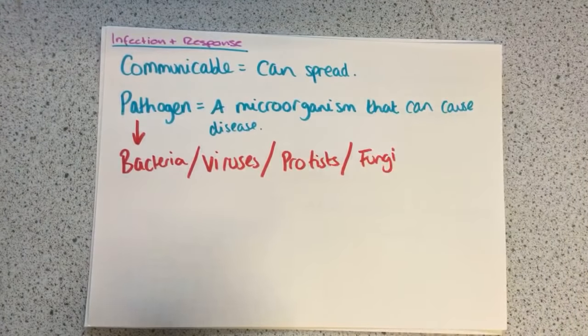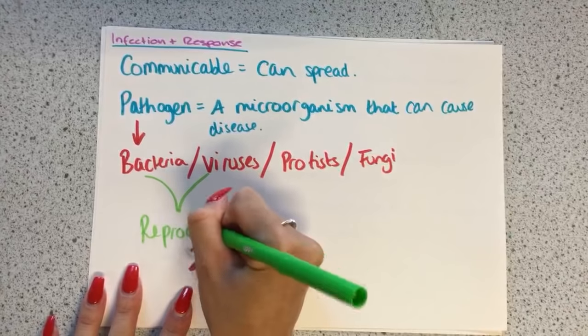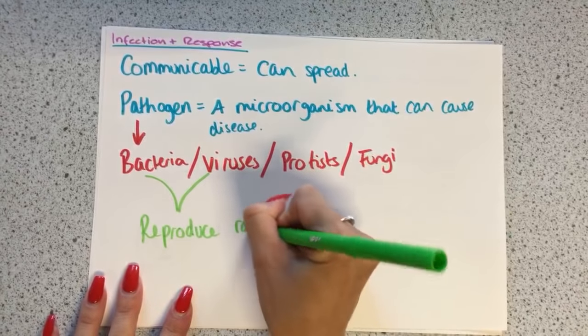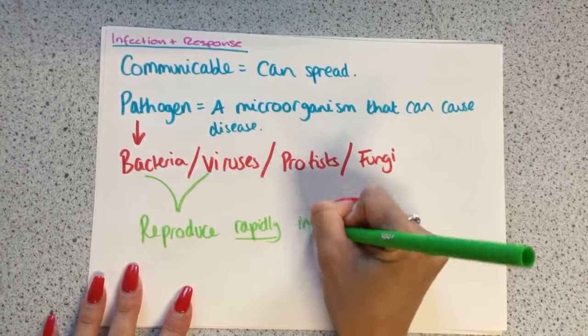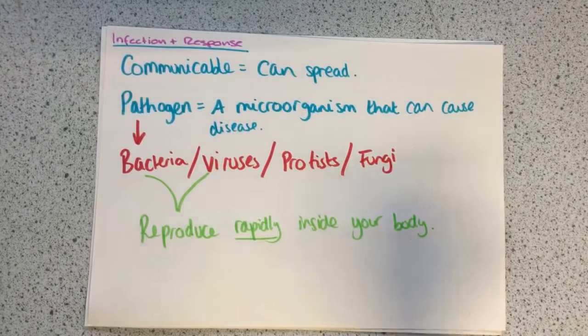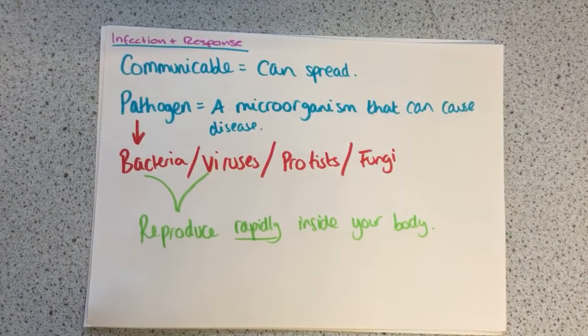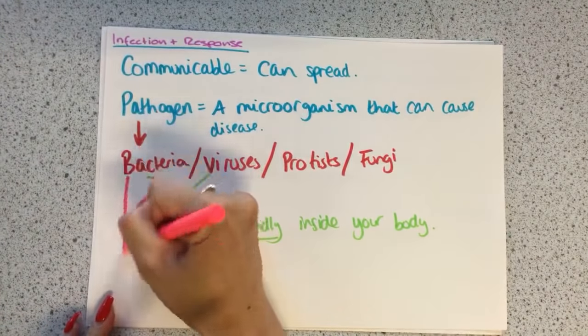So I'll go over how bacteria and viruses can cause you harm. So both of them reproduce rapidly, make sure you use the word rapidly, inside your body. And then bacteria release toxins.